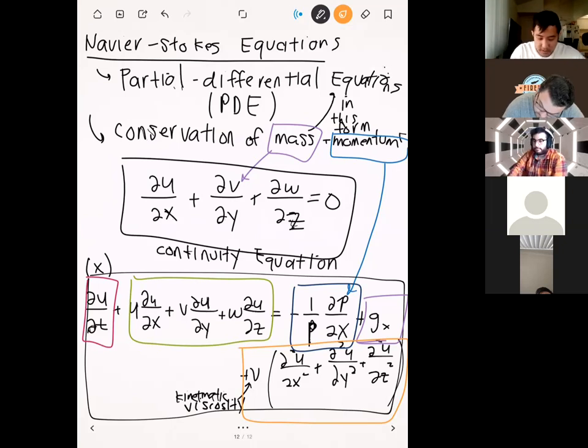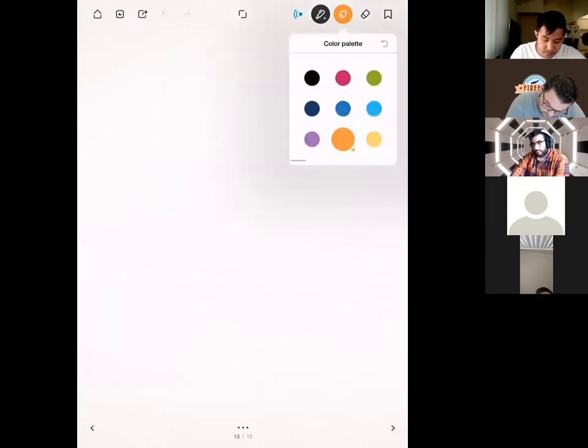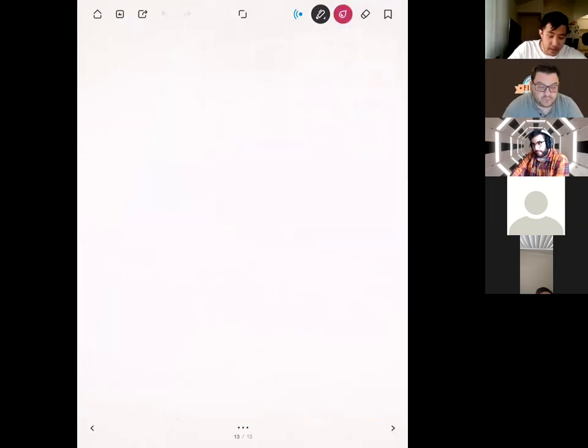Okay, so let's start defining each of these terms. First we have the red term, which was du dt. We've seen something like this before, and it has the same kind of definition as in RTT. Anything with the time derivative is an unsteady term.